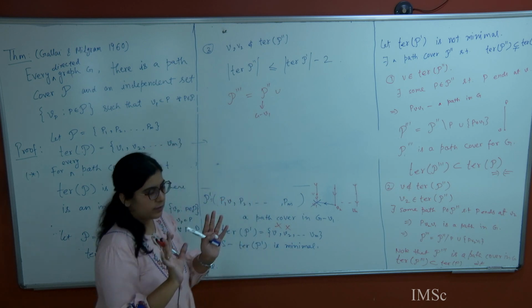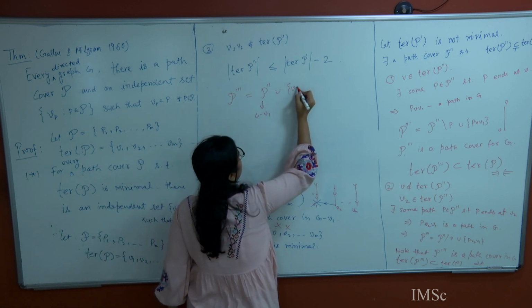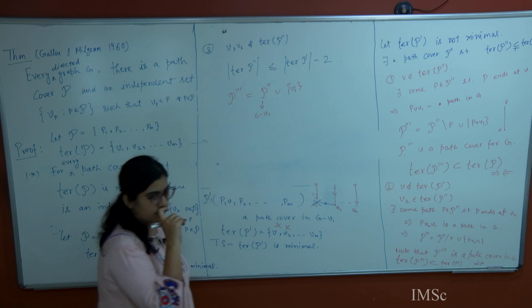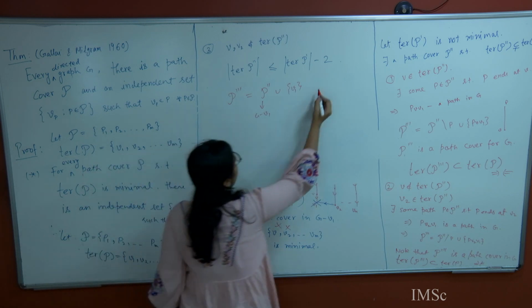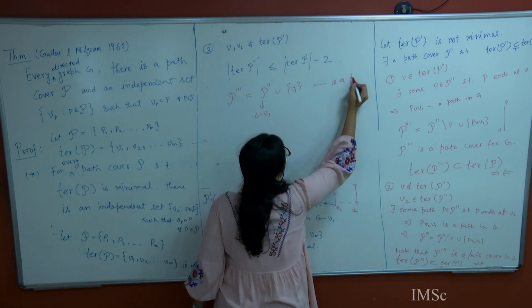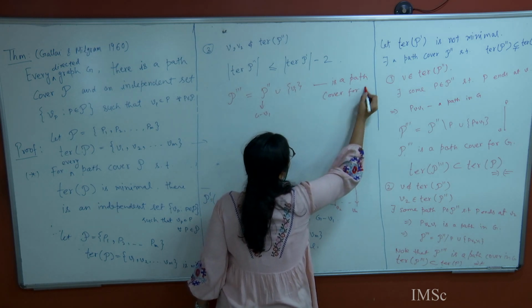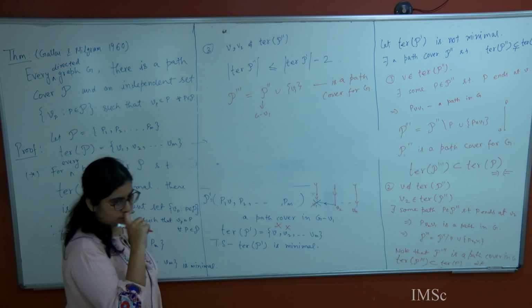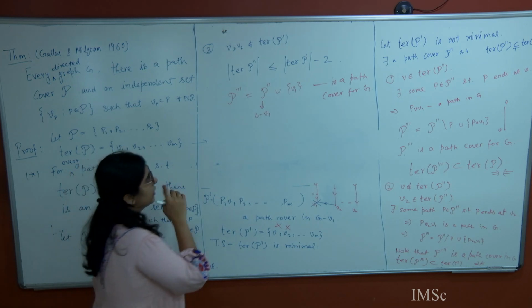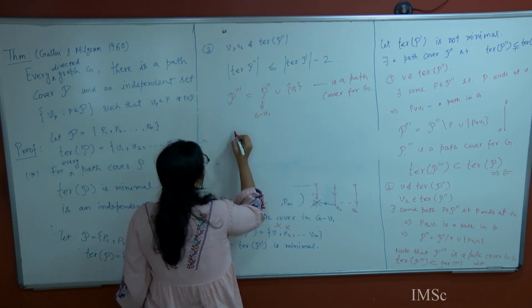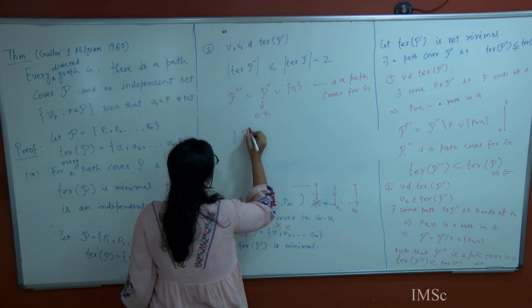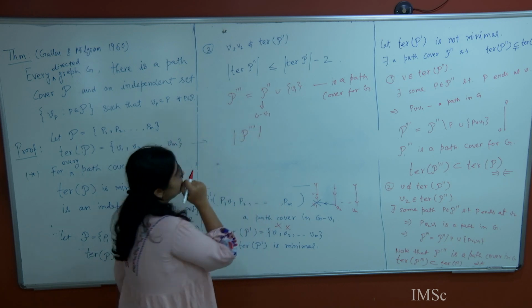So, only V1 is missing. So, let us add this new path on the single vertex V1. Now, this is a path cover for G. This is a path cover of G, and now what is the cardinality of this P triple prime?